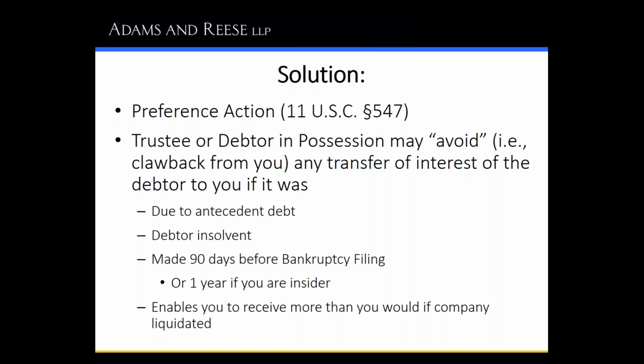She did not receive that $1,000 within what we call the 90-day preference period. There is an exception to that rule, and that is if Angela is my sister-in-law. In that case, she's considered an insider under the code, and the preference period goes to a year, not to 90 days. So within that year, if I file bankruptcy, she is liable to being sued by my trustee to get that $1,000 back.